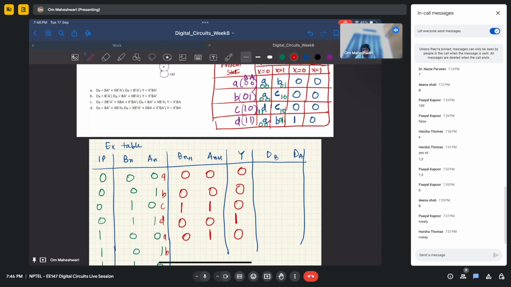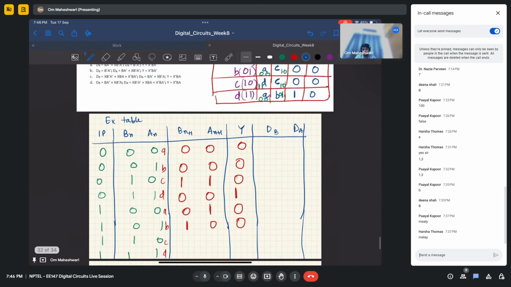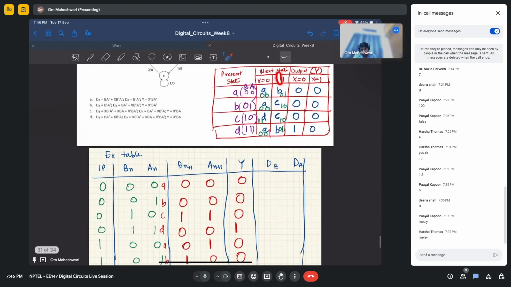C is 10, output is 0. You were at state C, input is 1, you stay at C, output is 0.